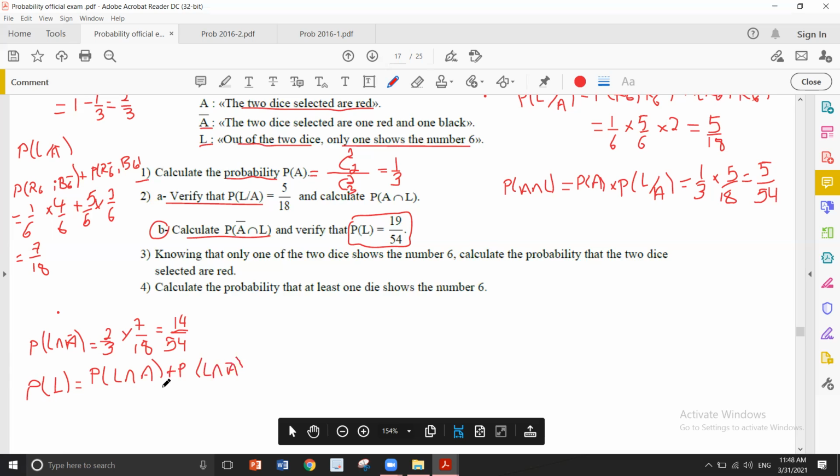By the rule of total probability, it equals L intersection A, which we found is 15 over 54, plus 14 over 54, equals 19 over 54.